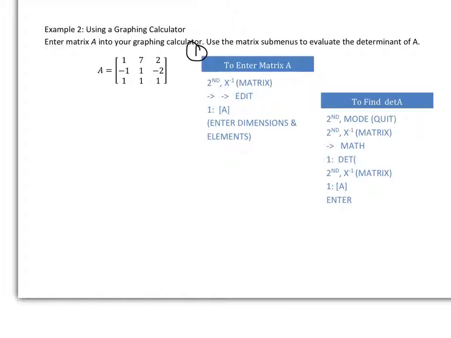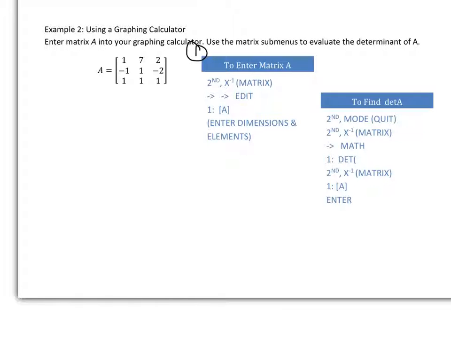Alright, so next you are going to go 2 to the right to the edit part of matrix. And then select matrix A, and it needs to be 3x3. It may already say 3x3. Ours are already set up.